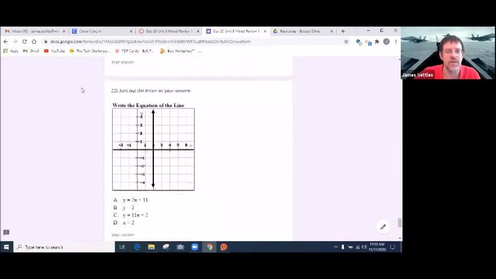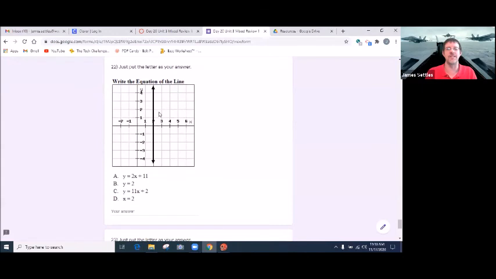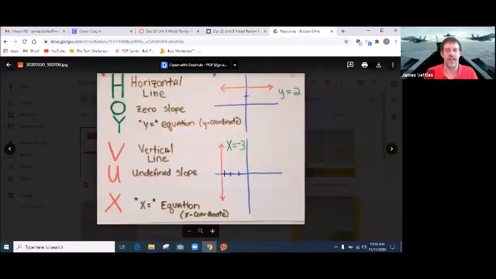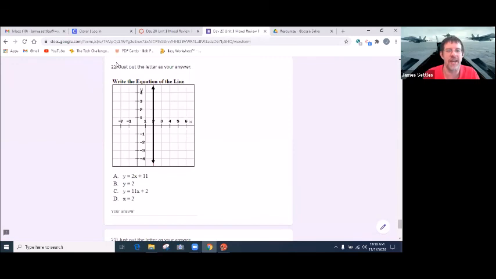Okay, I think the next one is going to be easy as well. Yes, because this is a special line. Right here, it's that vertical line that connects to VUX. And so once again, it has to be an X equals, everything X. I see some of you already typing in. Nope, that was still 21, sorry. So it has to be something that only has X's.